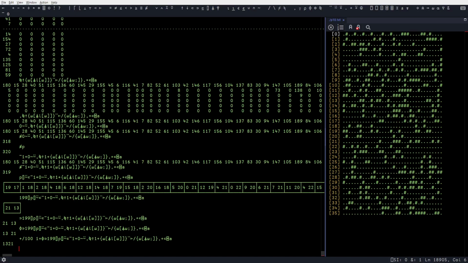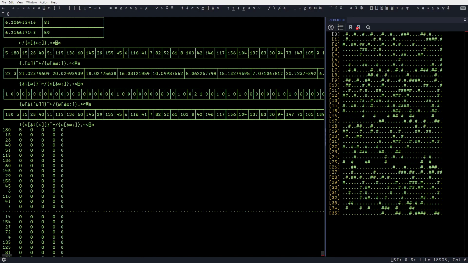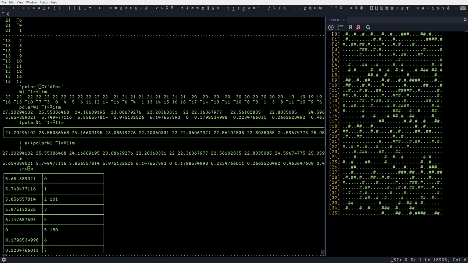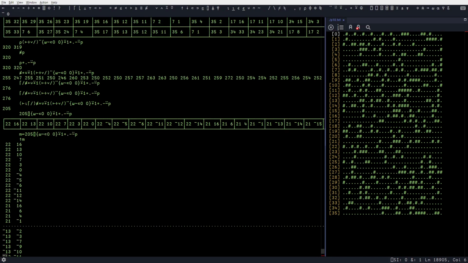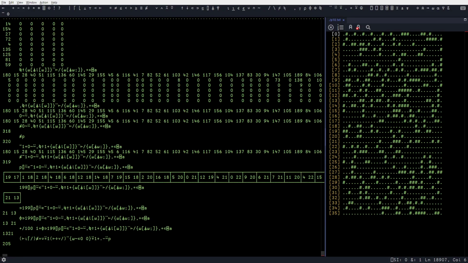Now there's some tricky things here that we luckily avoided. So if you remember up here, the index of our monitoring station as it appears in P is 205.